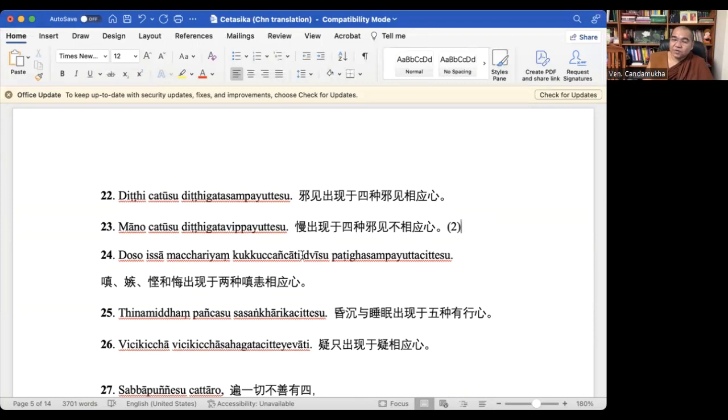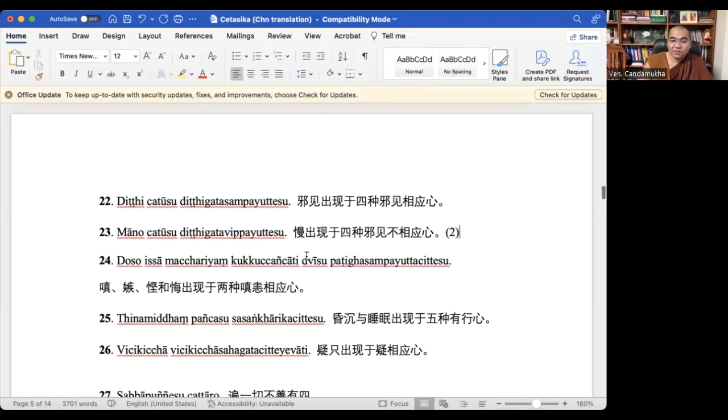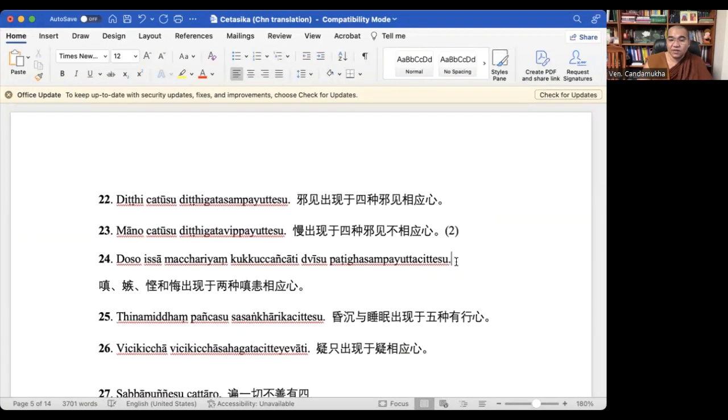So these 4 cetasikas belong to the Dosa group, we can also say the Dosa-jataka group. These cetasikas are associated with the 2 dosa-mula cittas, the dvisu patigha-sampayutta cittas. So the 2 dosa-mula cittas, that is very easy. In the Dosa group we have one sampayoga method. They associate only with the 2 dosa-mula cittas.